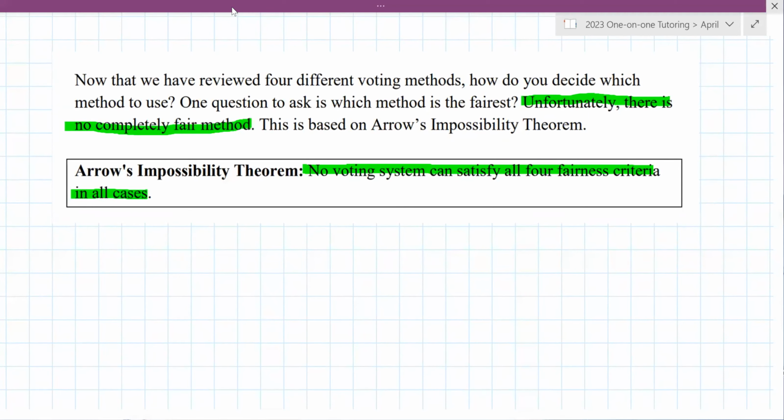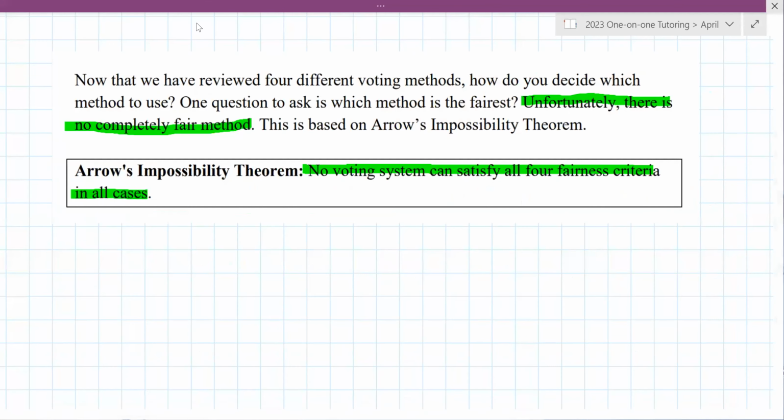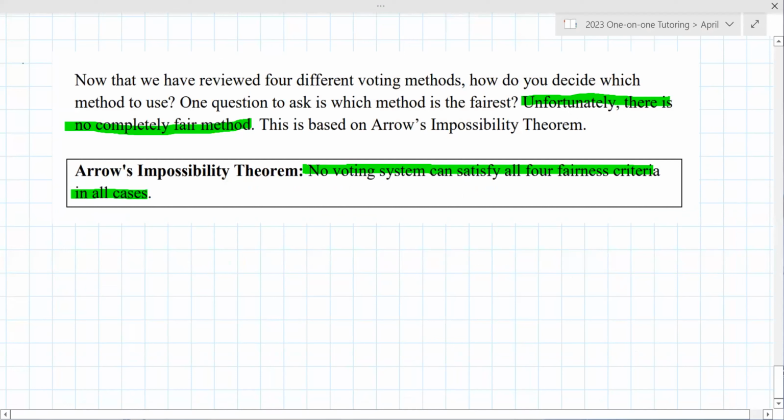I believe that goes to the point that you might get a different outcome based on the voting system that you use, which we've seen now in all 3 examples that we've done.